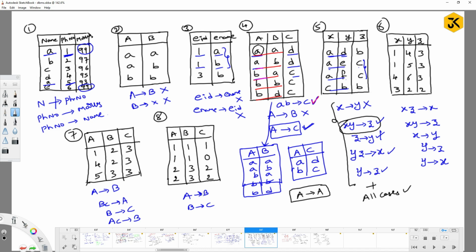If I say that A determines B and B determines C, first you have to check whether these two are correct or not. Is A determines B? Yes, possible. Is B determines C? No, these two are not possible. So then I cannot say that A determines C. Like this, you can infer various kinds of functional dependencies, right?